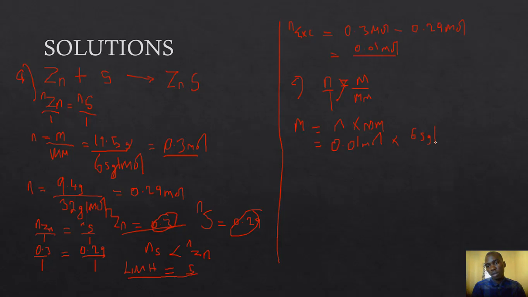So 65 grams per what? Per mole. So the mole and the mole can cancel, and the answer we are going to have is 0.65 grams. You can easily punch that on your calculator, and this is the answer that you're going to find.